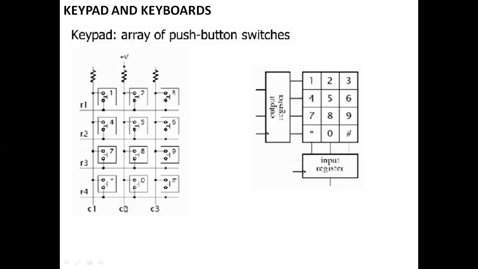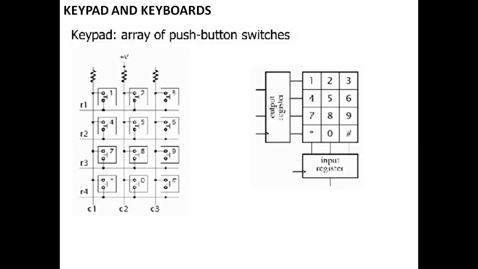If any column is pulled low, that indicates that a particular key is being pressed. In this example, if column C2 is pulled low, I can sense that key 5 on row R2 and column C2 is being pressed.